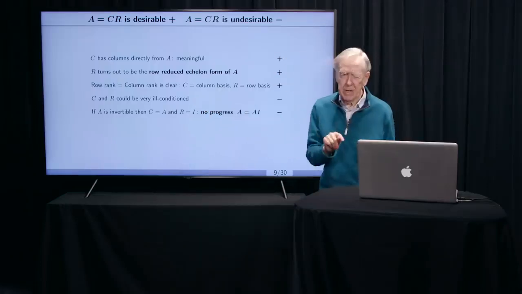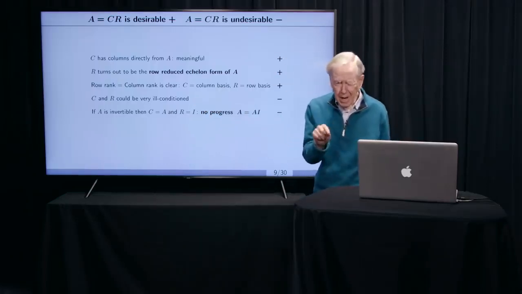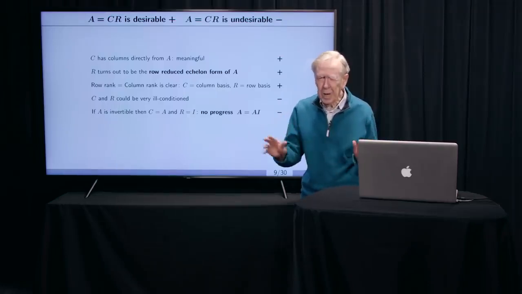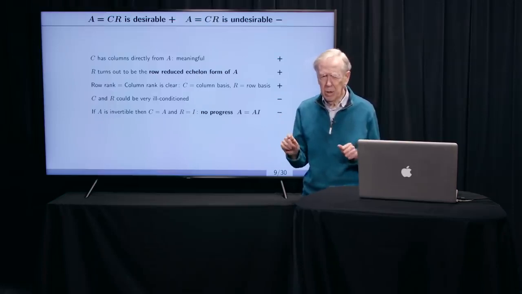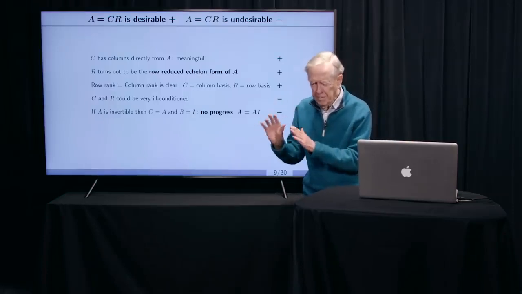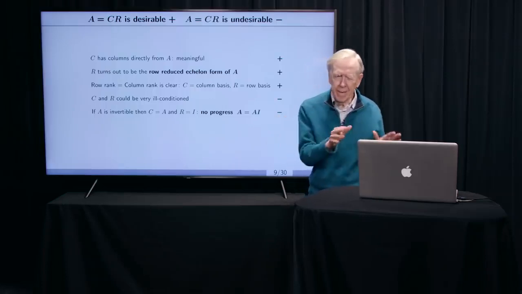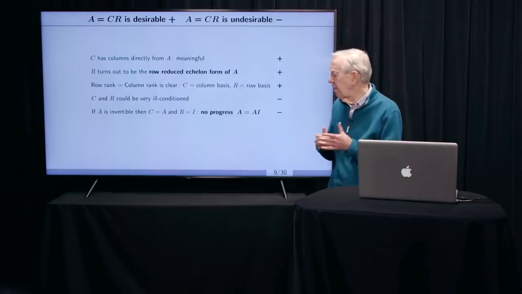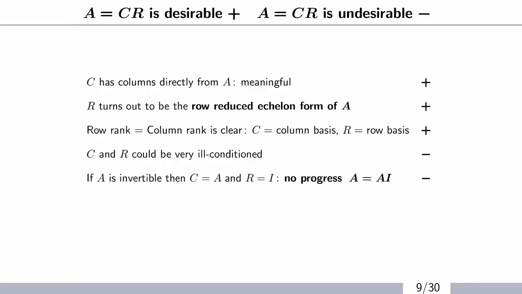The other thing I have to say is that C and R are not great for avoiding roundoff or being good in large computations. This is a first factorization, but not the best one for big computing, right? So ill conditioned means they're difficult to deal with.